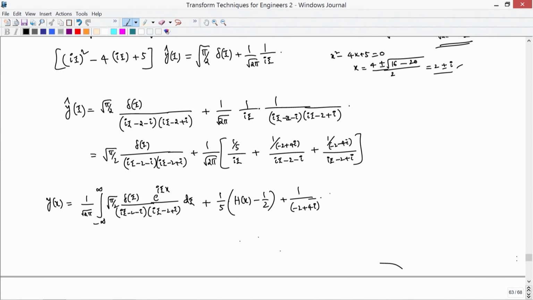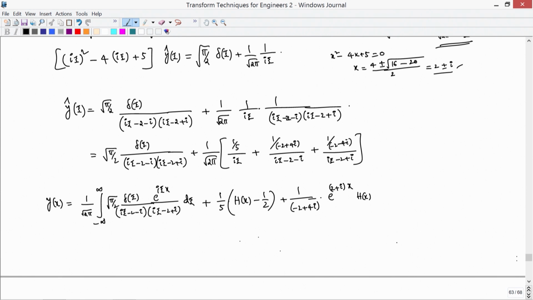so what do you get? Again, like earlier, you have e power, because of this minus, you get a plus sign. So, you have e power 2 plus i times x times H(x).